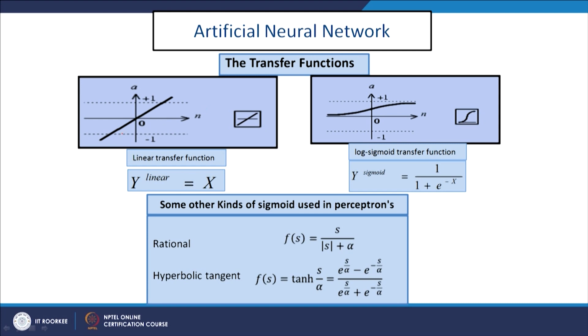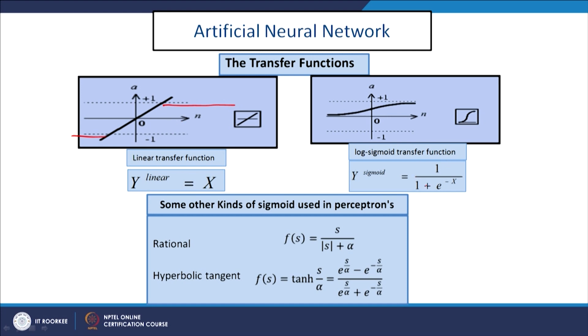For example, y is equal to x is an increasing function, the value is between minus 1 and plus 1 in this region and it is constant elsewhere. We consider the interval from minus 1 to plus 1 and the remaining values are constant.